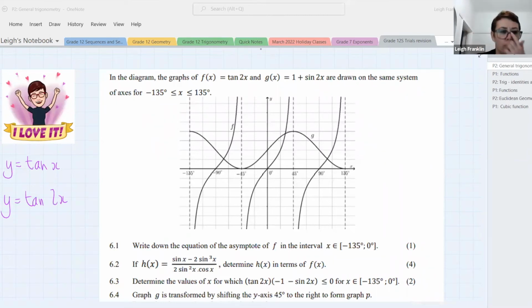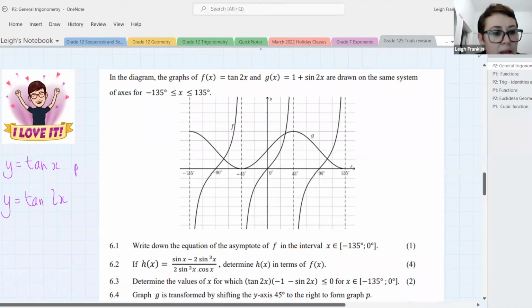So how often does a tan x graph repeat itself normally? Exactly. Normally a tan x function has a period of 180 degrees.